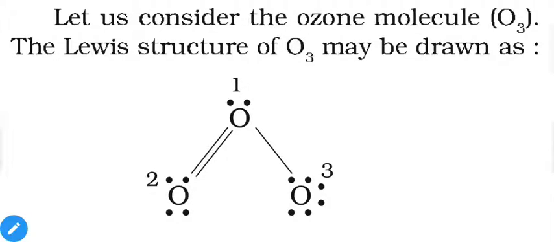The second oxygen is usually a normal oxygen, just like in the O2 molecule. It contains 2 bonds and 2 lone pairs, and the third oxygen contains a single bond and a total of 3 lone pairs. So first of all, you have to find the number of valence electrons in the free state.